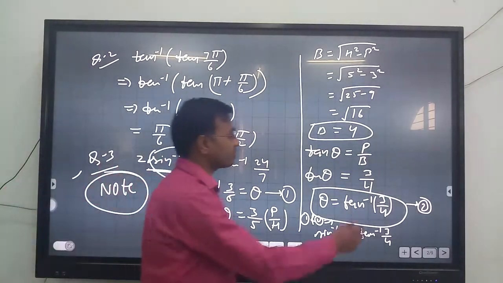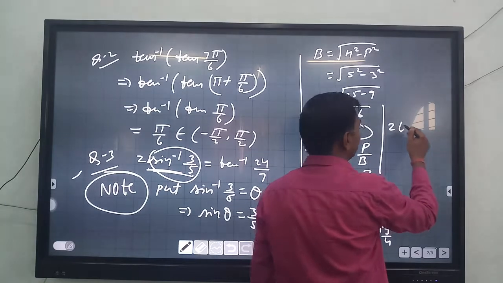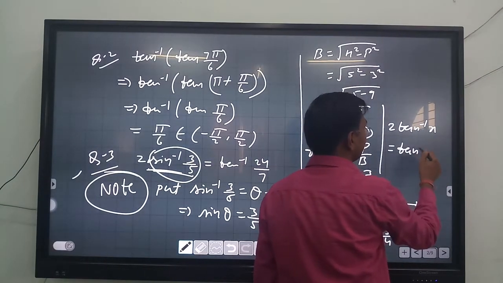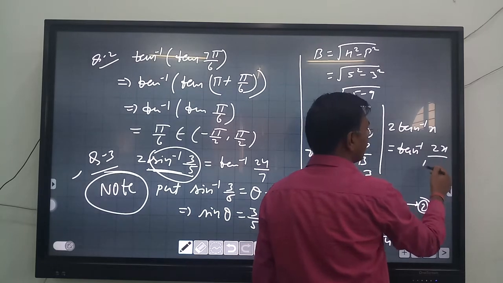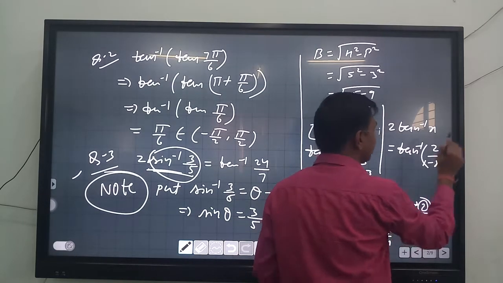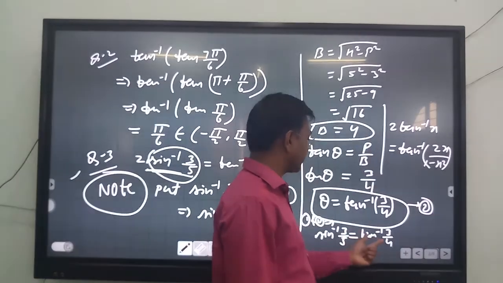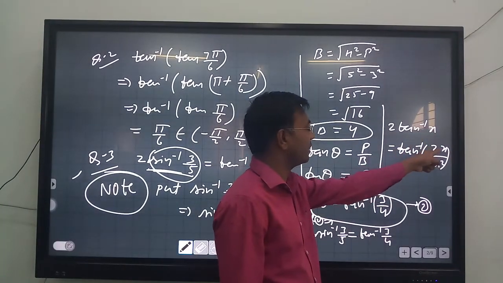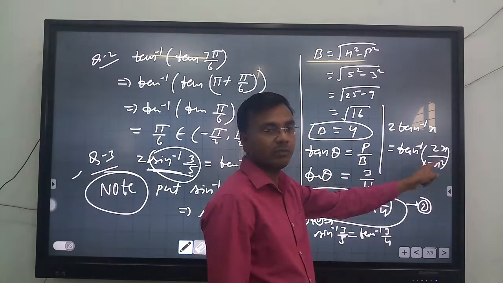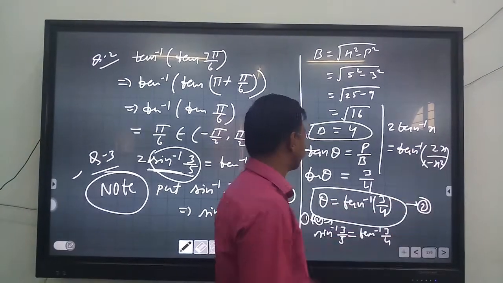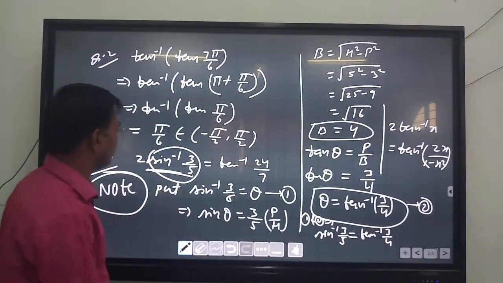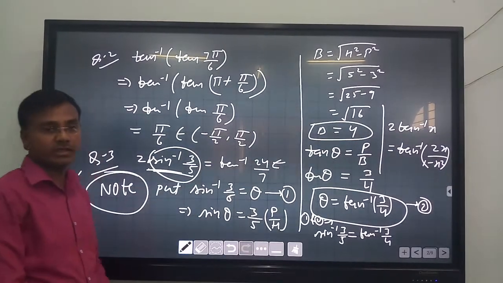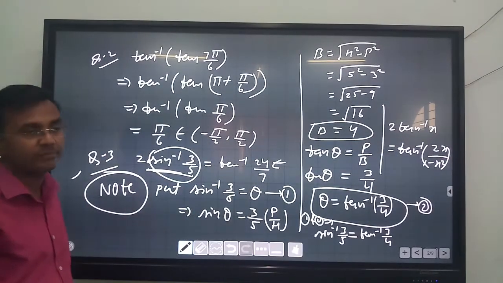We already learnt the identity that 2 tan inverse x equals tan inverse of 2x upon 1 minus x square. So for 2 tan inverse 3 by 4, substitute tan inverse of 2 into 3 by 4 upon 1 minus 3 by 4 whole square. Simplify this and you will get 24 by 7. And this is the answer.